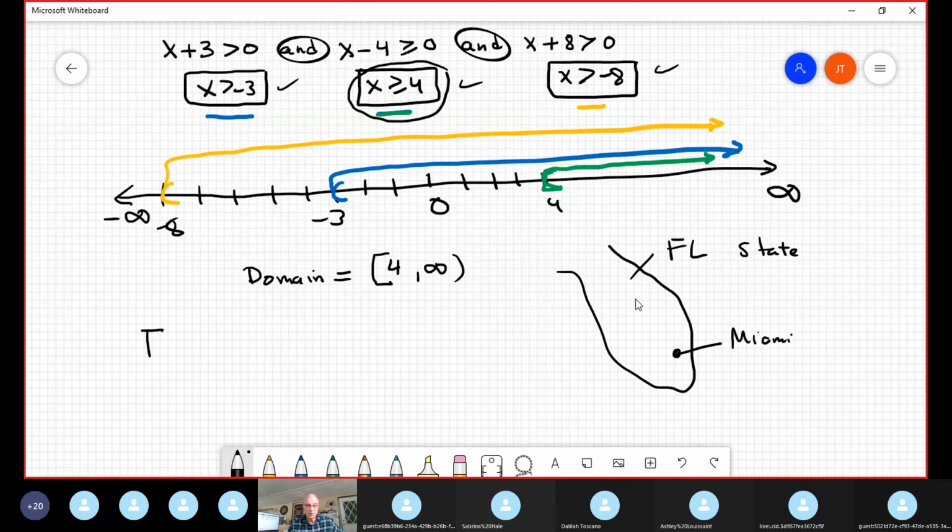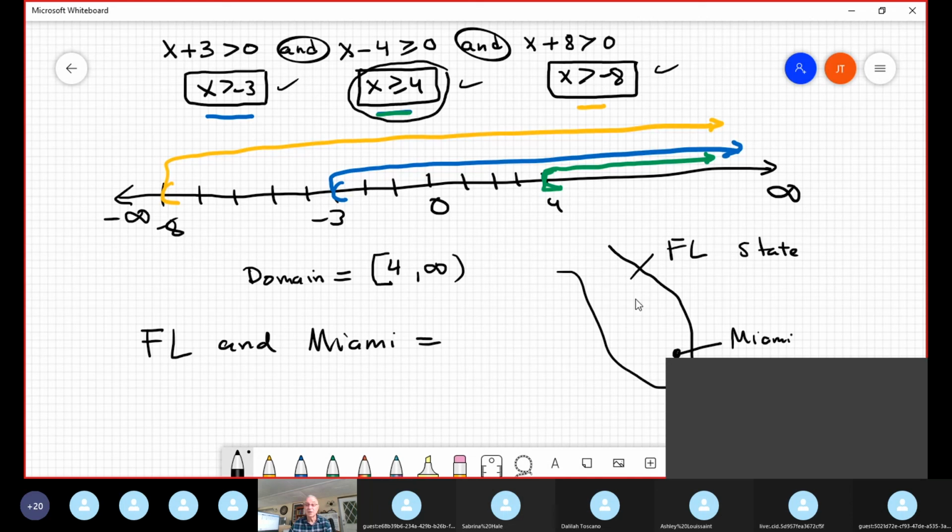Florida and Miami. What is the part that is common? I am living in Miami, but I live in Florida. I am living at the intersection, the common part.